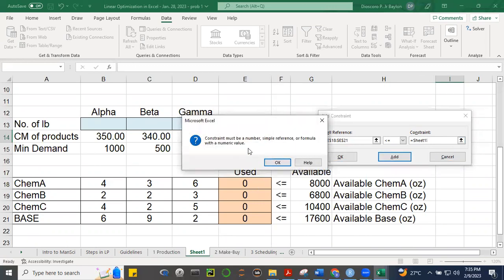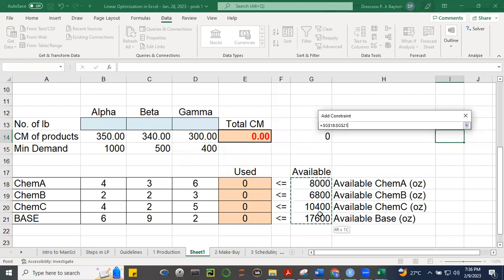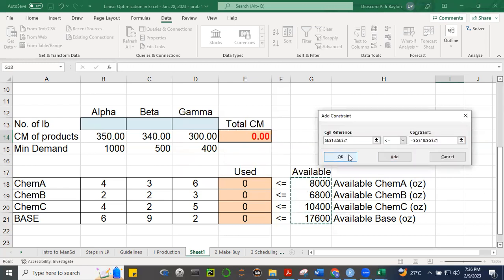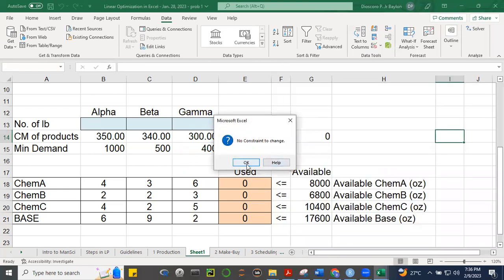Oops, constraint must be a number. Okay, now take a look at this. Wait, let me change this.